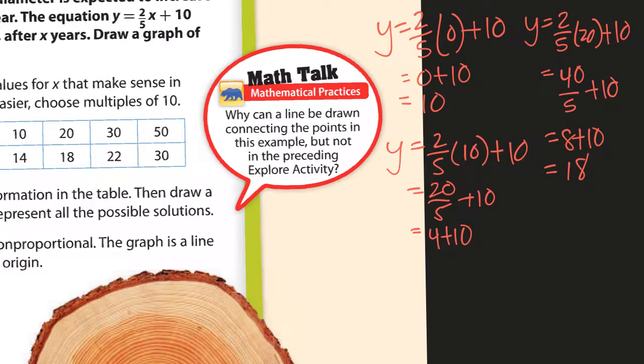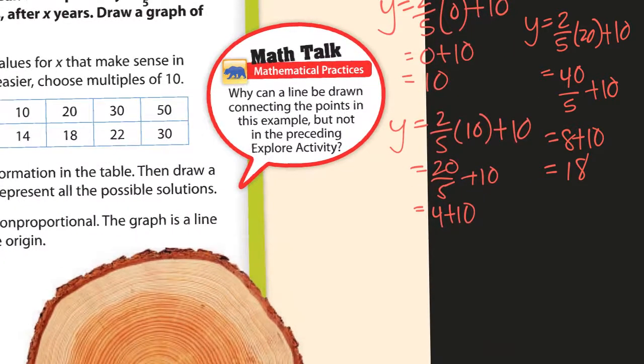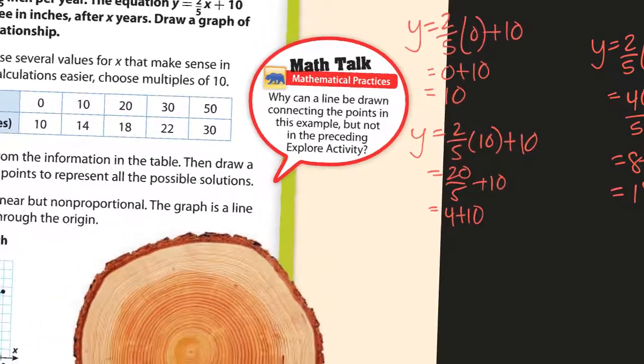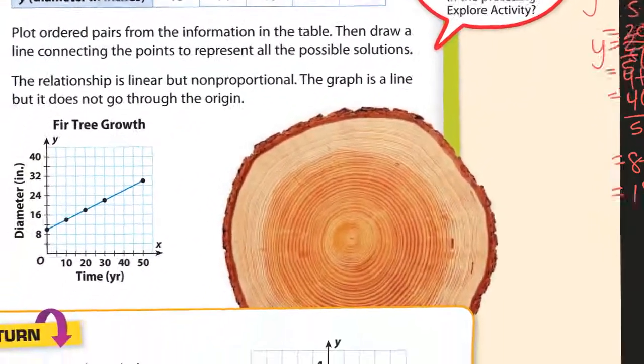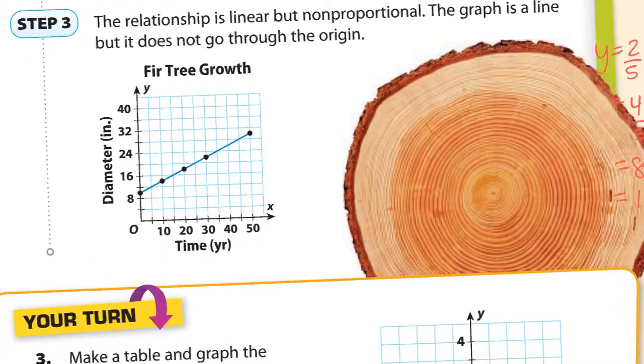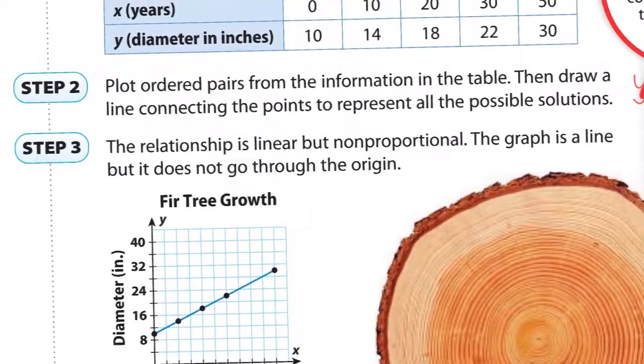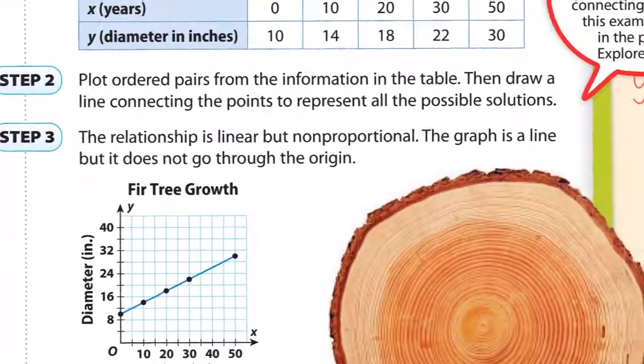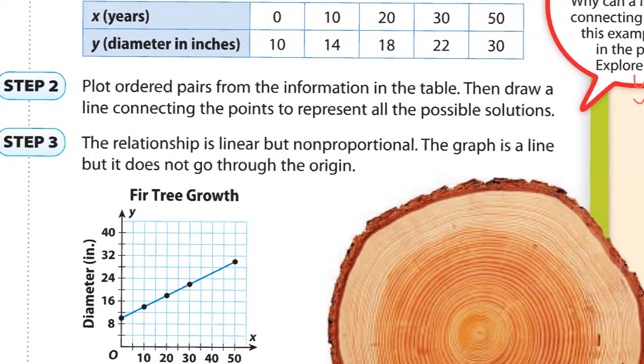Okay, now let's bring this over. Now what we got is these, and we're going to plot these ordered pairs. We plot 0, 10.